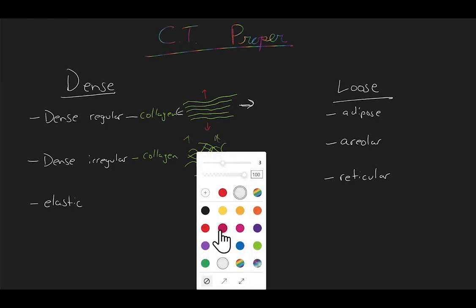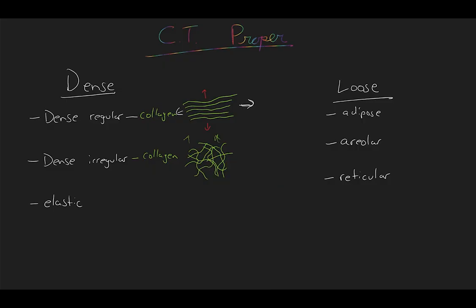Because the collagen fibers run in all sorts of directions, it gives us tensile strength in all different directions. This is like your dermis, where you can pull on your skin in a variety of different directions and it doesn't get pulled off, right? It's not as strong as our dense regular, so it's weaker, but it gives us strength in all directions.